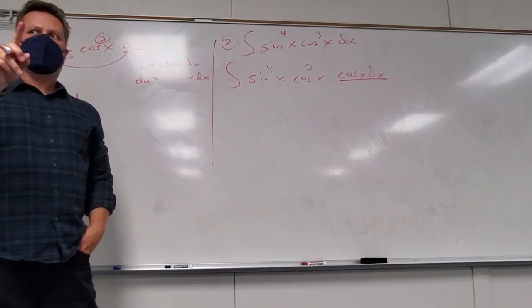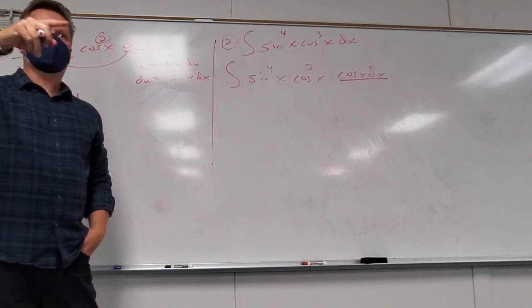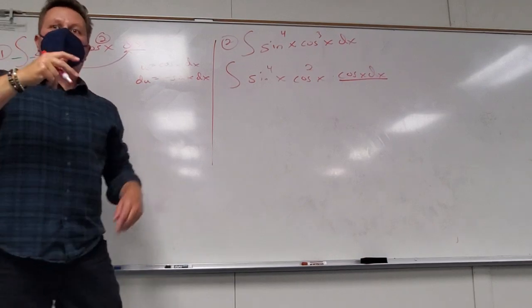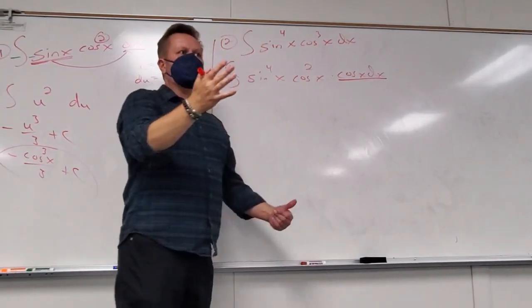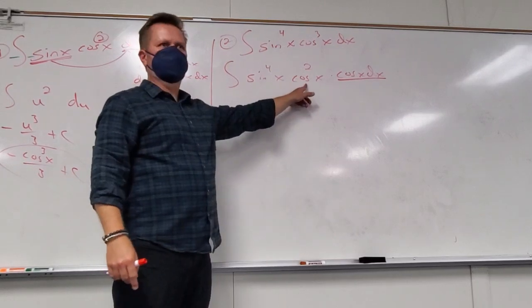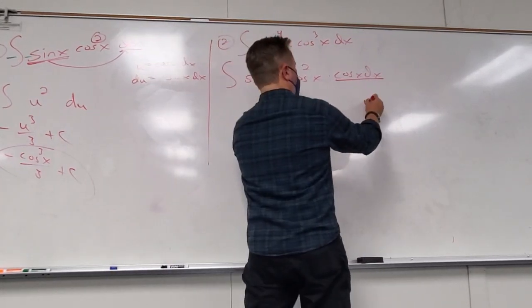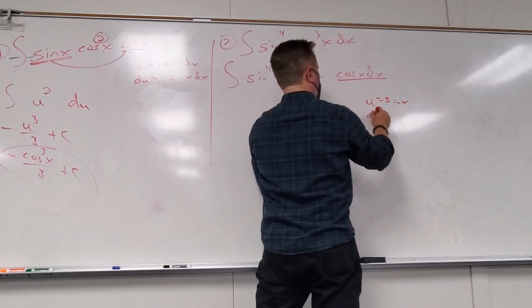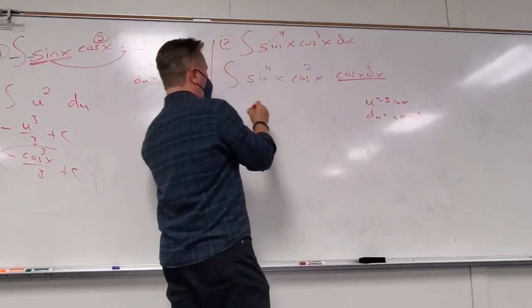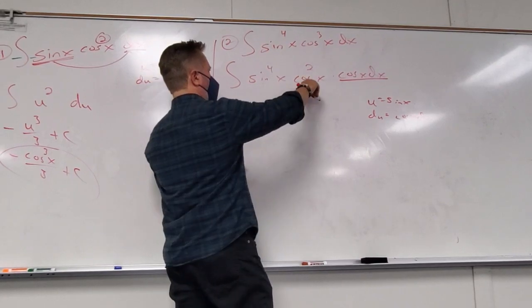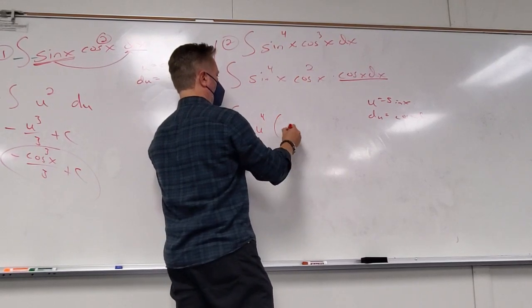We still have another problem, but we're slowly getting closer. Sine. Yeah, if u is sine, that's u to the fourth, that's du, everything's great. Right? So if u is sine, du is cosine x dx.